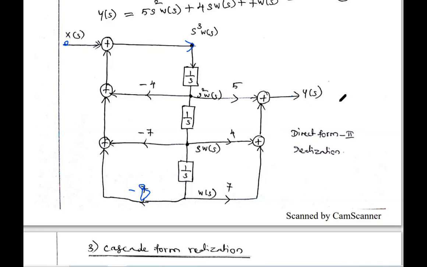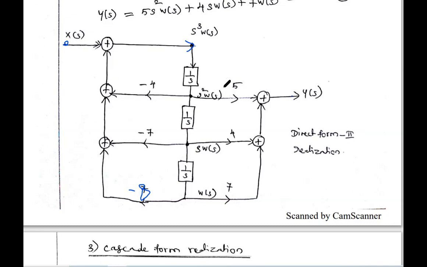So what is the difference between direct form 1 realization and direct form 2 realization? In direct form 2 realization, in the center we are using the integrator. In the left side and the right side we are using adders. This same integrator is shared by the input side as well as the output side.